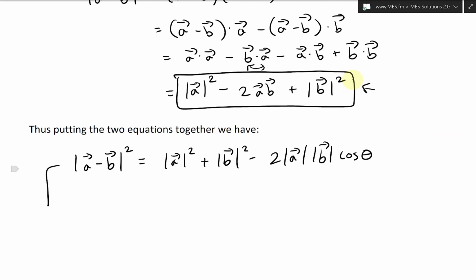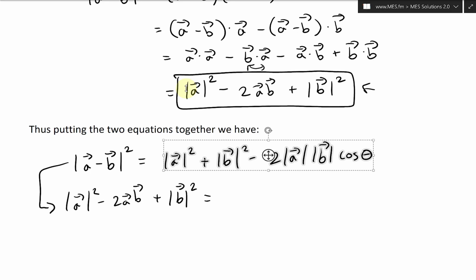Let's put those together, and I'll do that right here. So this equals, and write this all down here: A squared minus 2 A dot B plus B squared, like that. And now this equals this.